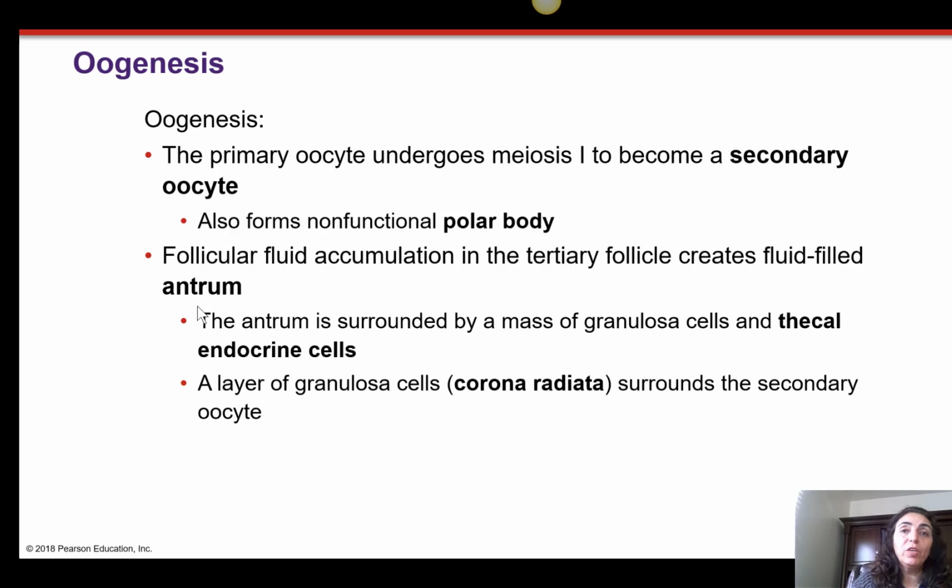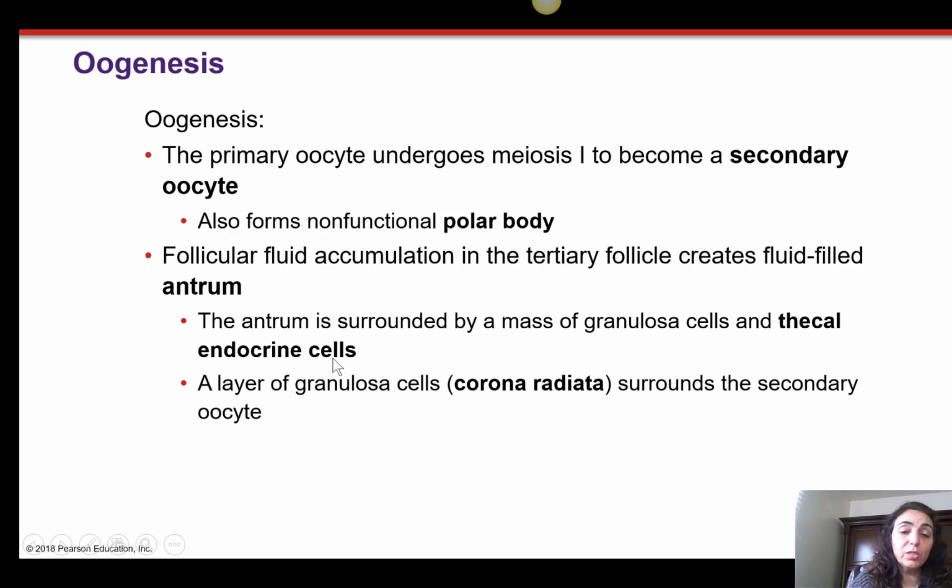Whenever we see the antrum, we can say that follicle is a tertiary follicle. The antrum is surrounded by a mass of cells that we call granulosa cells, and also theca cells, or theca endocrine cells.